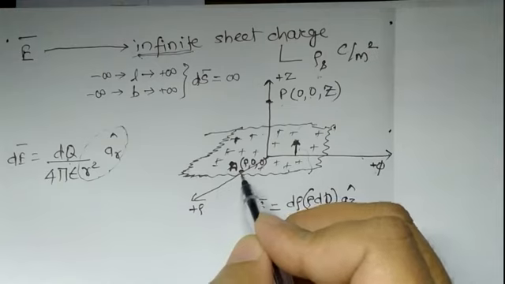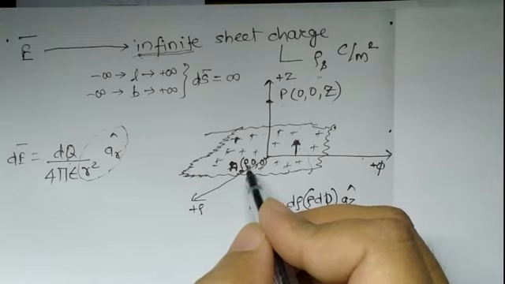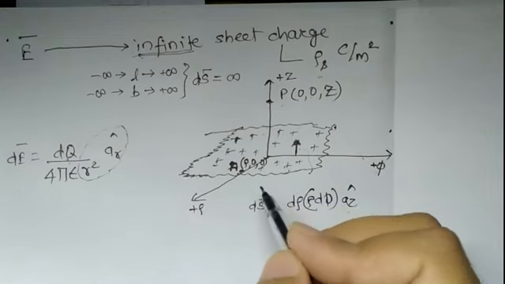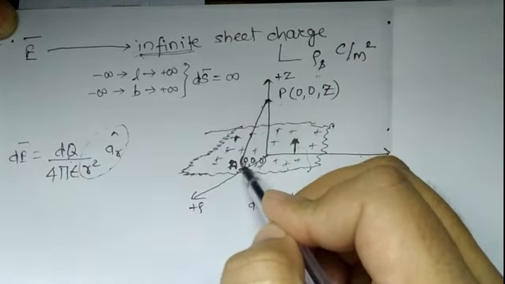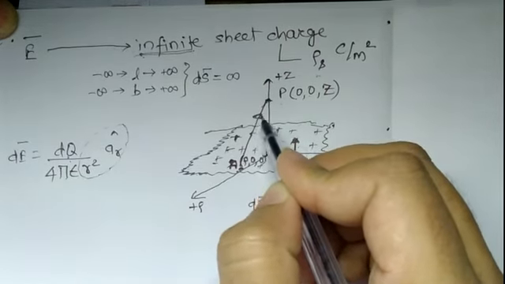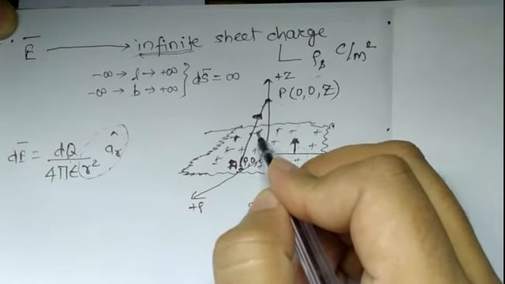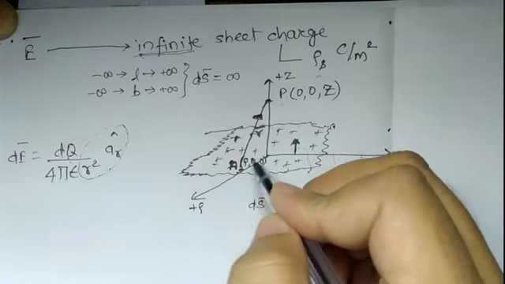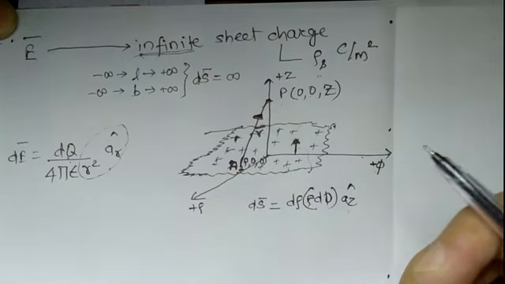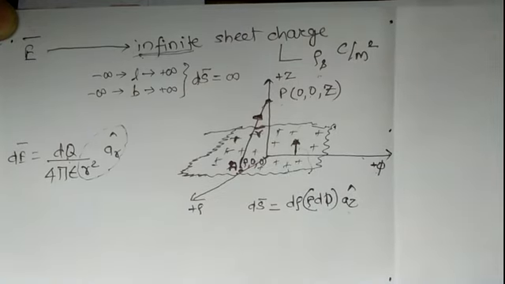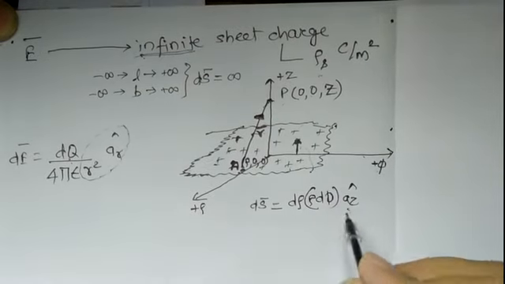So since the point is along the rho axis, the coordinates of this point A will be rho 0 0. So this will be the force direction, and this will be r bar, and the radial direction is perpendicular to this sheet, so this one is z cap.